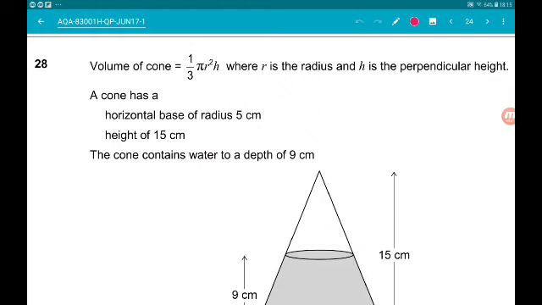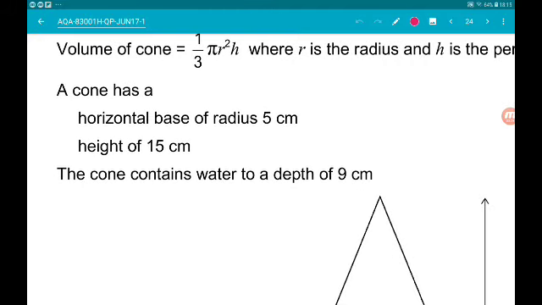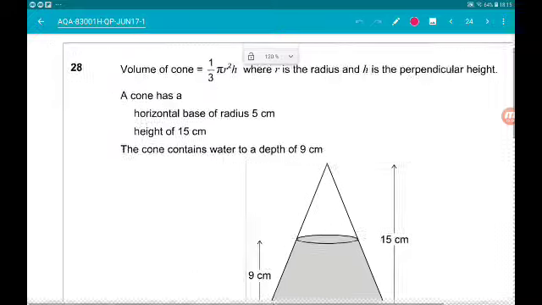Okay, question 28. The volume of a cone is 1/3 pi r squared h, where r is the radius and h is the perpendicular height. A cone has a horizontal base of radius 5 centimeters, height of 15 centimeters, and the cone contains water to a depth of 9 centimeters.